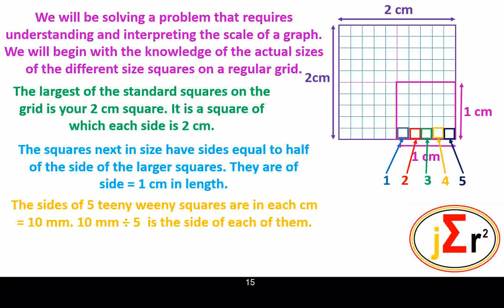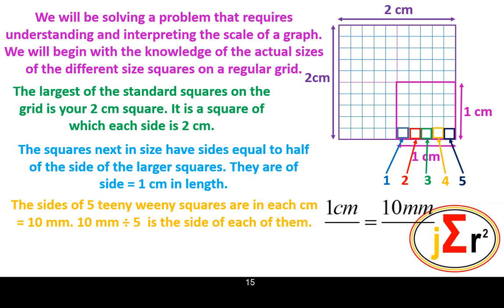So here we have 1 centimeter, and in that 1 centimeter we have 5 little squares. That 1 centimeter is also equal to 10 millimeters. So in that 10 millimeters we have 5 little squares. What does that mean? That means that the size of each of those little squares is 2 millimeters in length. So each side of those little squares is 2 millimeters in length.